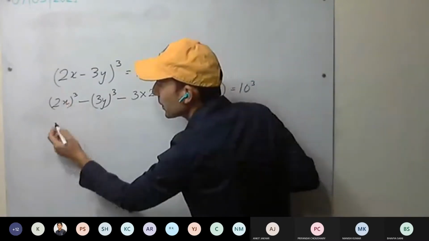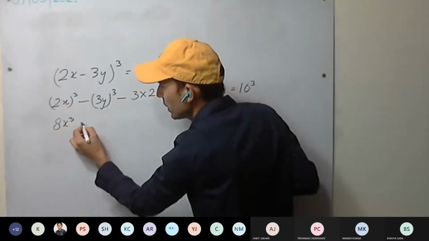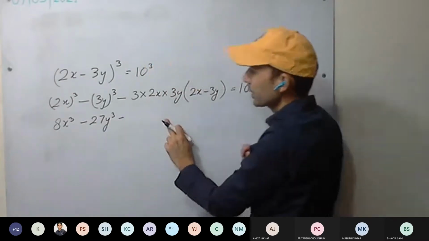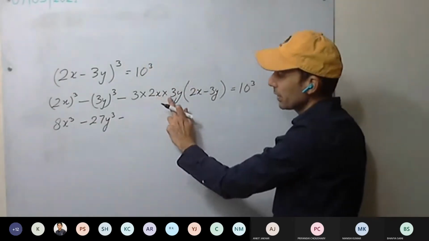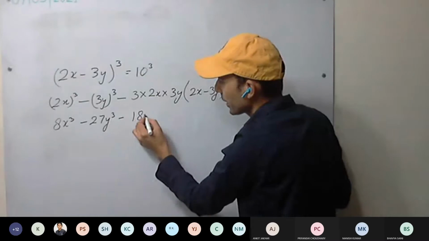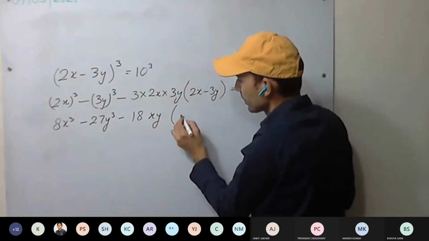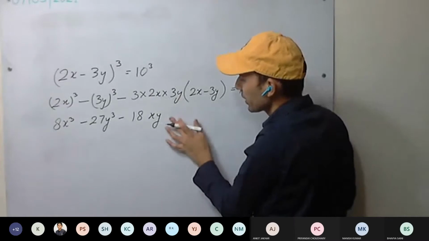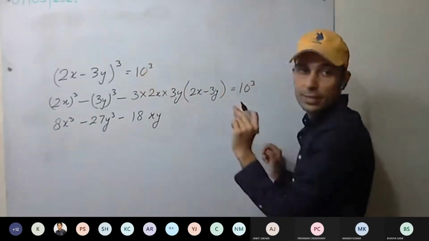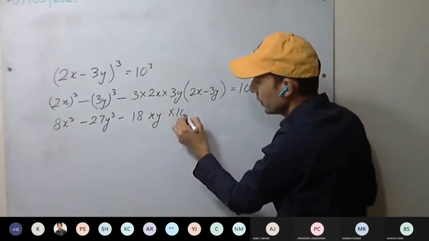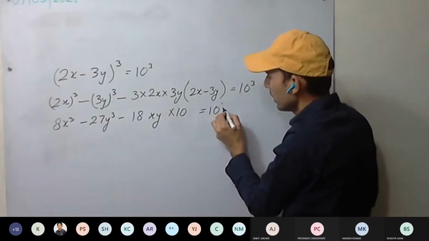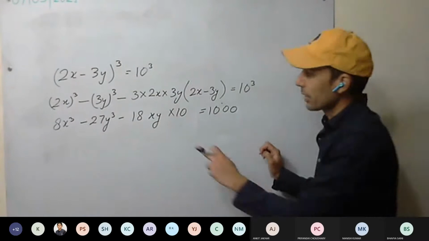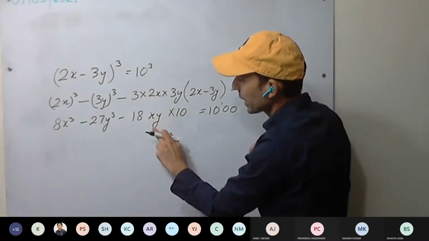Next step, 8x cube minus how much it will be? 27y cube minus 3, 2 is 6, 6 3 is 18xy, 2x minus y. I can put equal to 10 into 10, equal to 10 cube is how much? 1000.